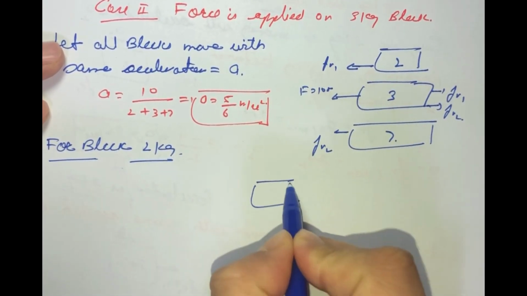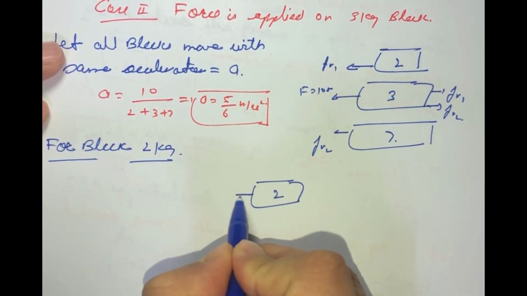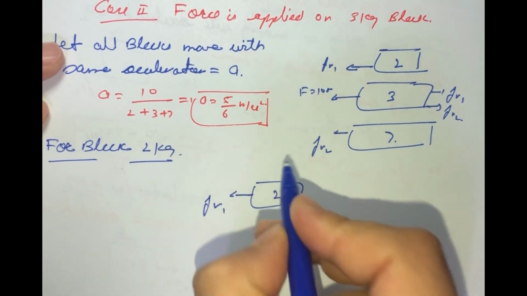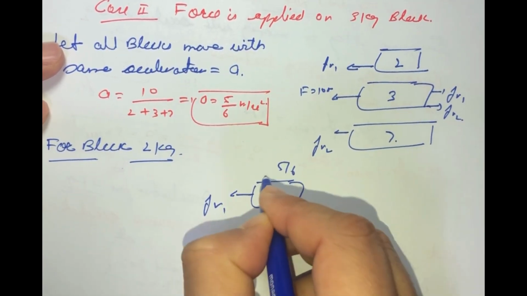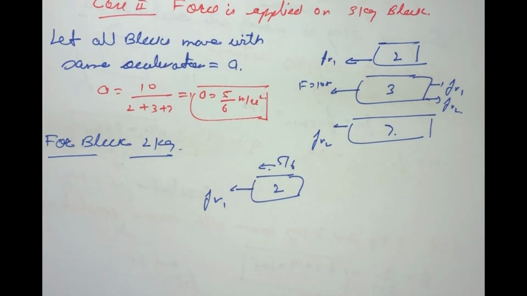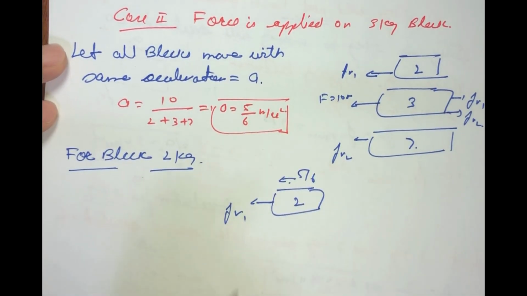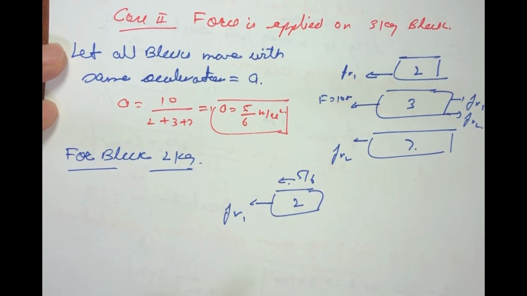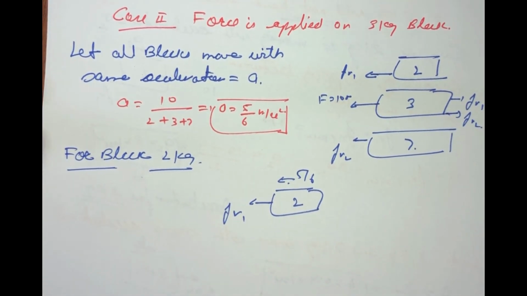So this is our 2 kg block. Fr1 is being applied on it, and it is moving with 5/6 in this direction. So we find out the value of Fr1 and compare it with the maximum value of the friction.